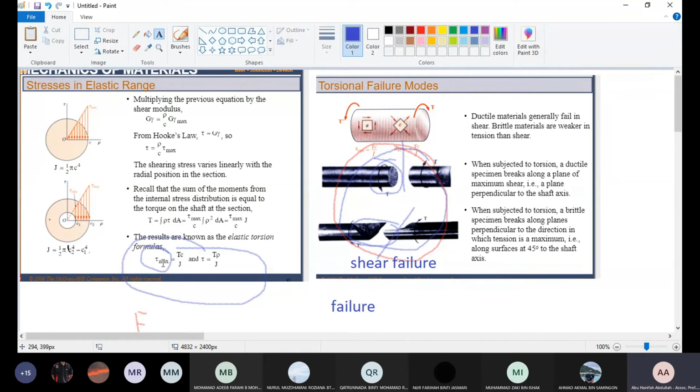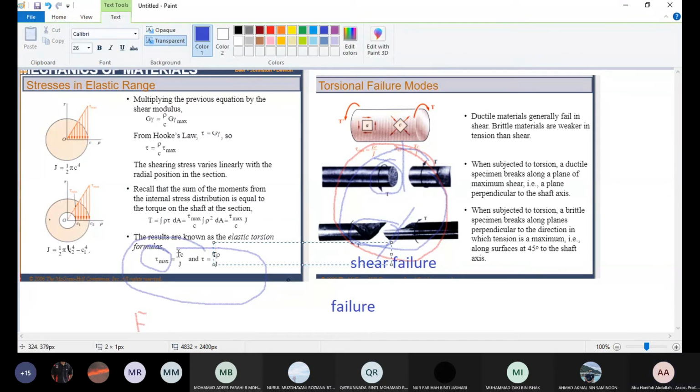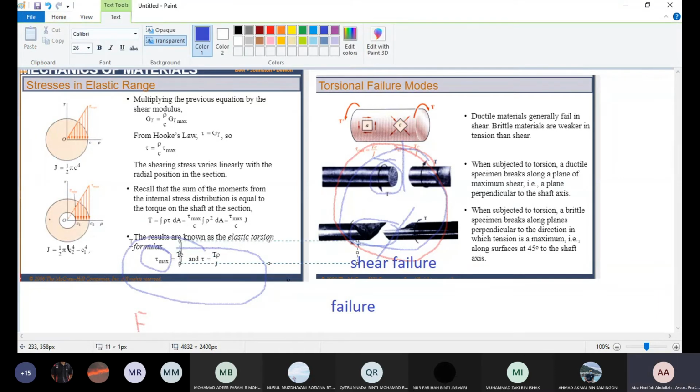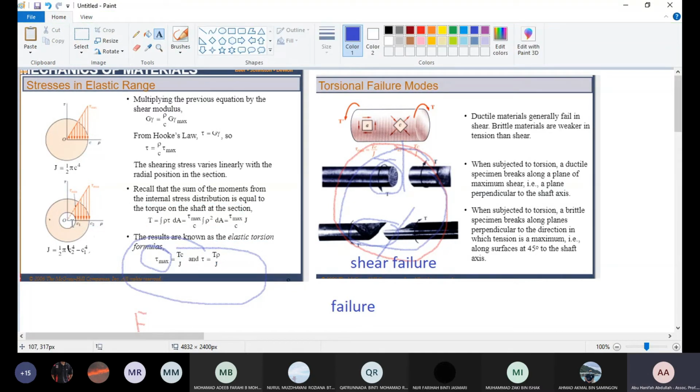You can see the formula for shear: tau equals T times c over J, where c is the radius of the rod and J is the polar moment. J you can also calculate; it is almost similar to the moment of inertia.